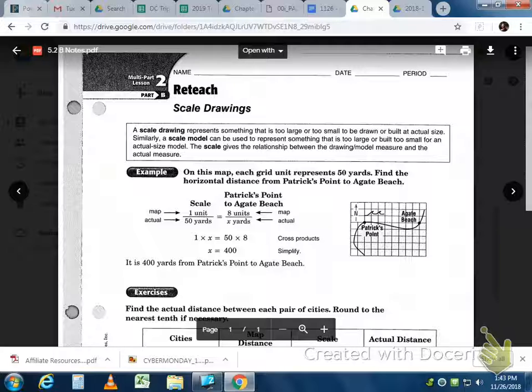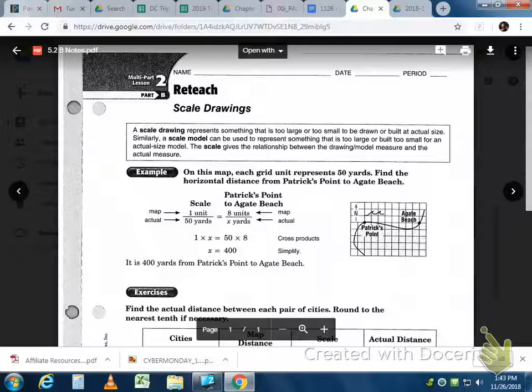And if you're using the standard units of measure, it would be inches and feet or yards or miles. If you're using metrics, then you're of course comparing maybe millimeters to meters, or centimeters to kilometers. But you're given a scale. Whatever that scale is, that's what it has to be throughout the whole thing.